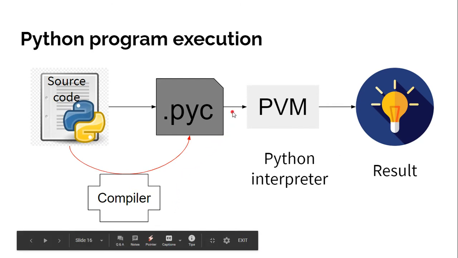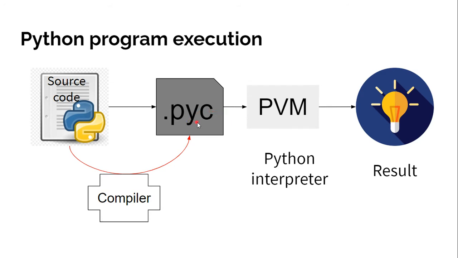After your code gets compiled, it is interpreted by PVM and you get the result. If you get any error at runtime, then it is called a runtime error.